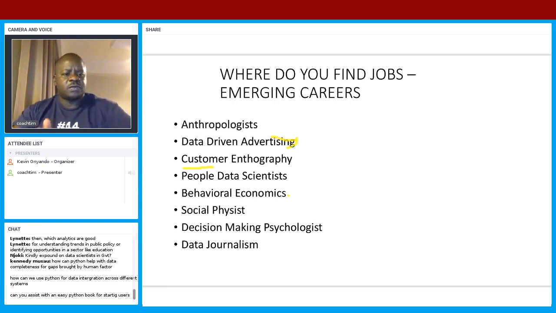Then you're asking for an easy Python book for starting users. Yes, we have a couple of books. We'll be sharing those books granularly so that as we share the knowledge and the tools, we point you to the areas that you can read. But if you'd like me to drop a library, there's a big library with many books which you can choose from yourself. Any other questions?